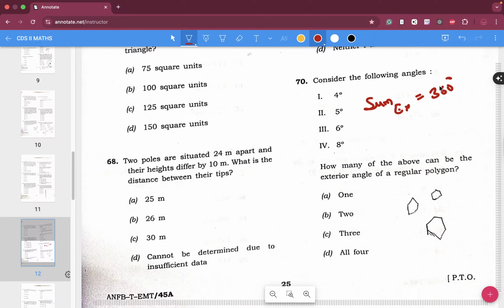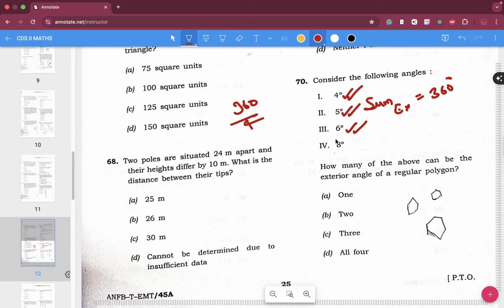Now, which numbers can divide 360 properly? 360 is divisible by 4, by 5, by 6. Is it divisible by 8? No, 360 is not divisible by 8.